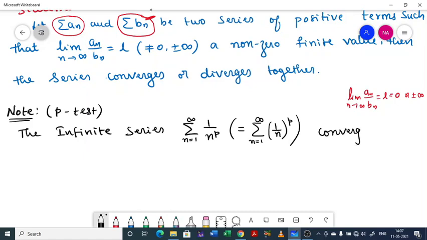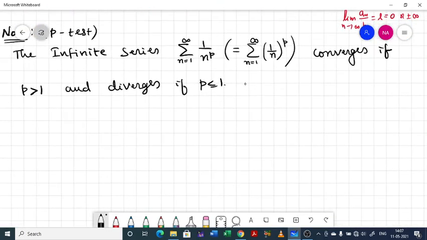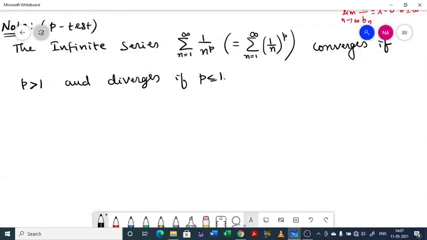This series converges if p is strictly greater than 1, and diverges if p is less than or equal to 1. So if you take any infinite series of the form summation 1 by n power p, then this series converges if p is greater than 1 and diverges if p is less than or equal to 1.